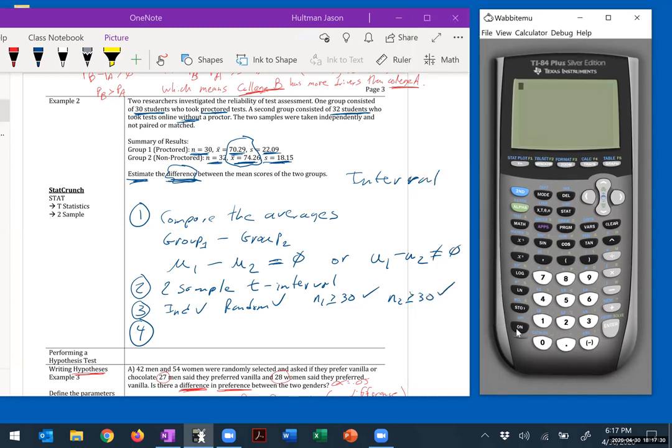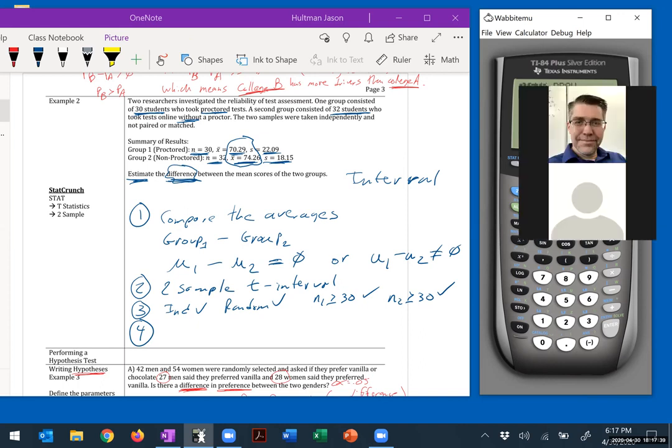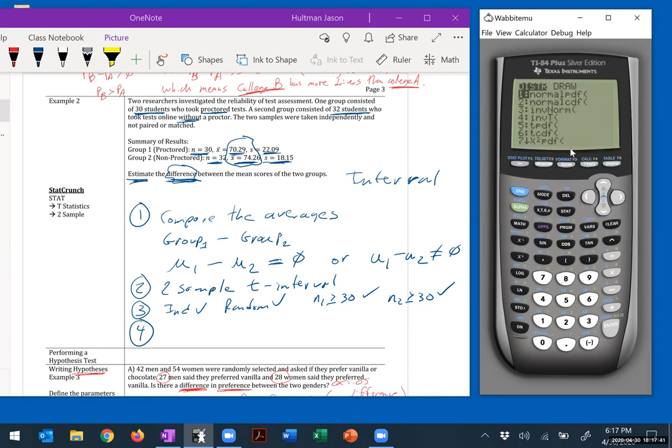Okay, so I don't want second, I just want stat, and then tests, and we want the two sample t-test.